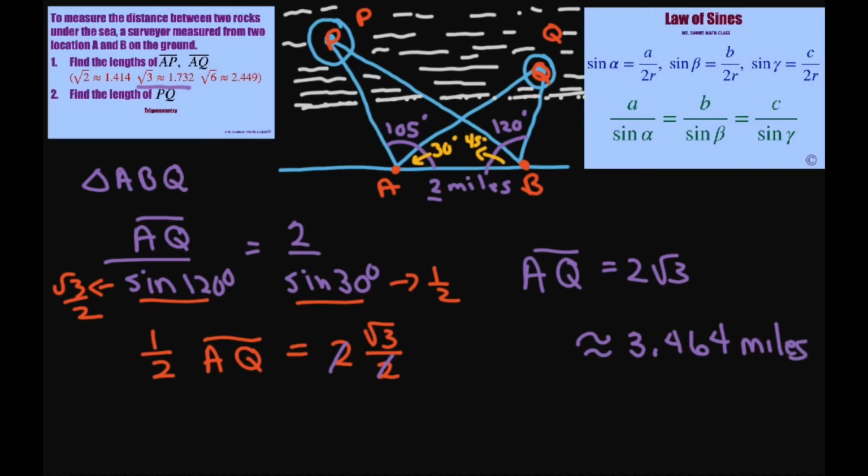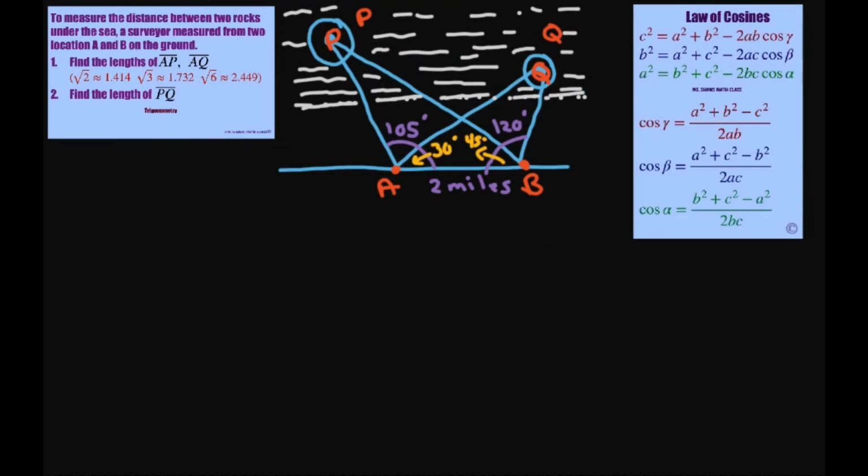All right, now the next step is to find this length from P to Q. So the distance between the rocks, these two right here. And we're going to use the law of cosines.